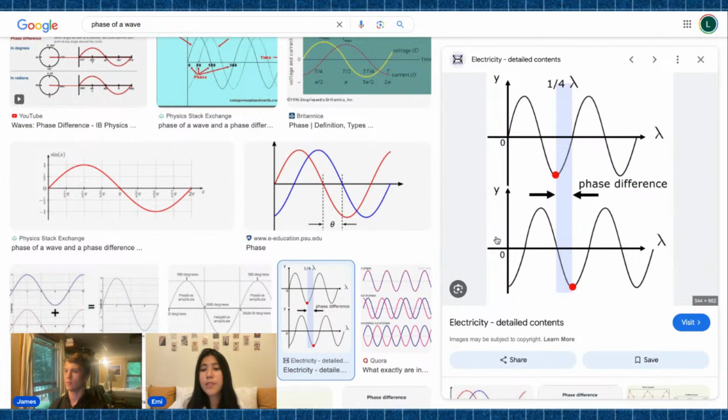Yep. And this is actually a visual representation of what's going on in our Quantum Flytrap. Here, they're a quarter of a wavelength out of phase. From the peak till 0, or rather, this part is the trough, the bottom, it's just that quarter wavelength out of phase.